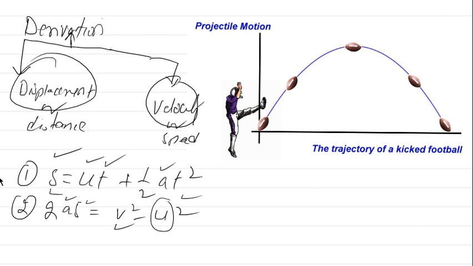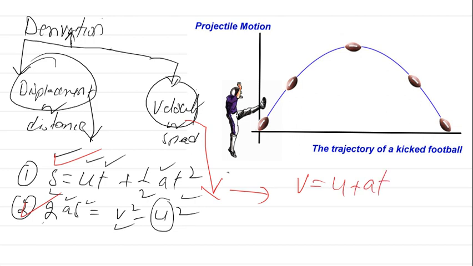Because we need the distance or displacement, we have only the option of using these equations. But when we go to the velocity, there we have one option: v = u + at, the first equation of motion.